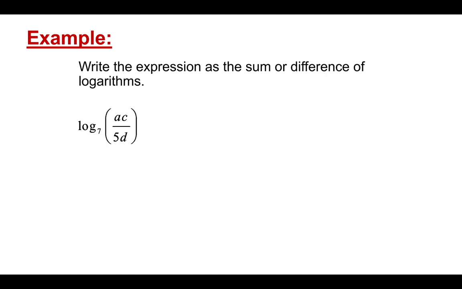Let's try another one. Again, here I have AC being multiplied, but the AC itself is being divided by 5d, so I can keep that together. So this becomes log base 7 of AC minus log base 7 of 5d.